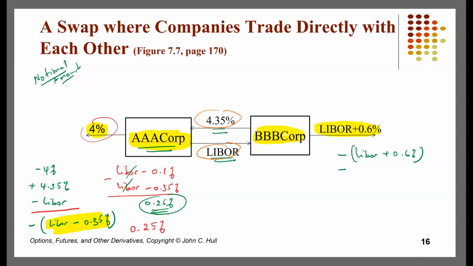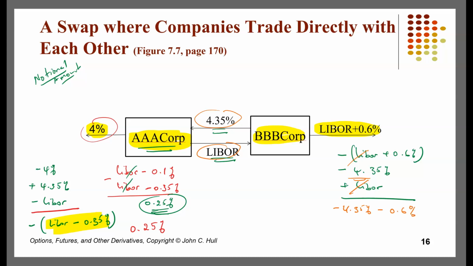So they pay 4.35%, and then they receive LIBOR. So net, what do we have? Well, LIBOR, plus LIBOR minus LIBOR, they cancel each other. And then we're going to have minus 4.35%, and then minus 0.6%.